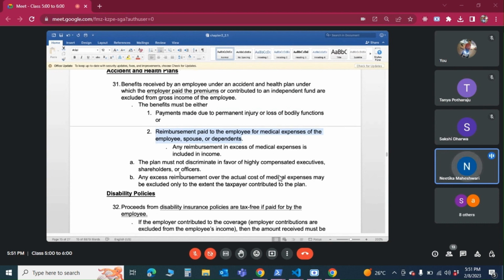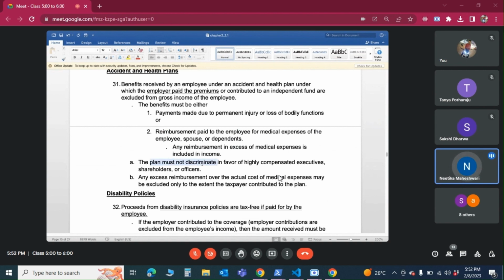And again, the plan is something which is being set up by an employer. So the plan should not discriminate. They should not design it in a way that the top management people have more control. So they'll say, okay, the top people will get $100,000 compensation, and the same injury, if it happens to somebody else in the same kind of circumstances, they get only $10,000.